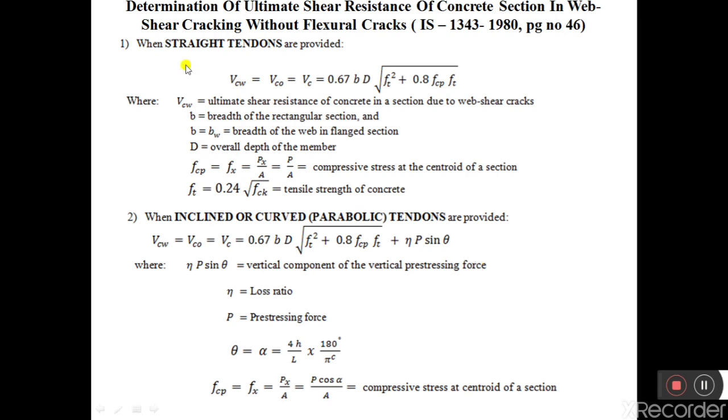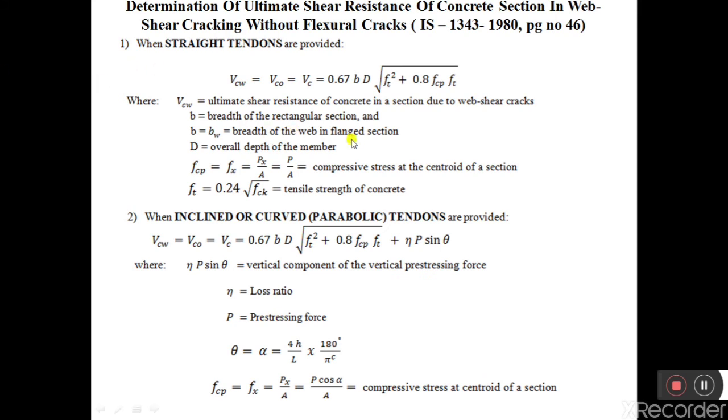Now let us see the formulas used to calculate the ultimate shear resistance of the concrete in web shear cracking, that is, the maximum shear strength of a prestressed concrete member considering only shear cracking, not the cracks induced by flexural action.